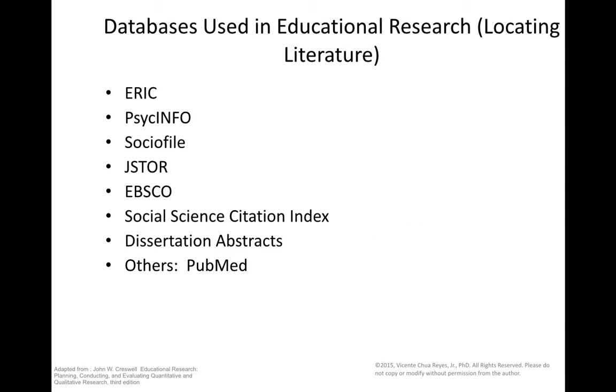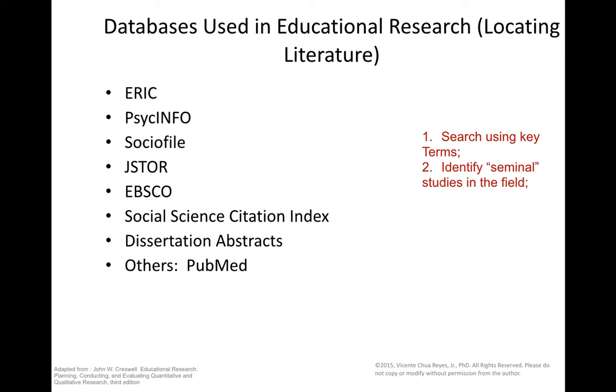What are some databases that we can explore? ERIC, PsycInfo, Sociofile, JSTOR, EBSCO, Social Science Citation Index, Dissertation Abstracts, and PubMed. These are the classic, conventional sources for databases that one can consult. We search by using key terms. That's important. We've already talked about it in the previous slide. We also need to identify seminal studies in the field.